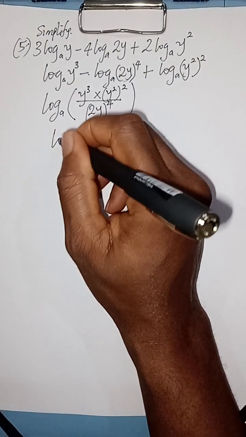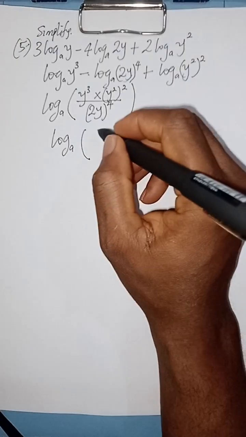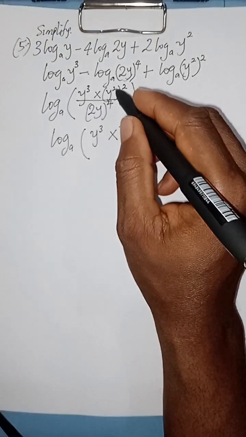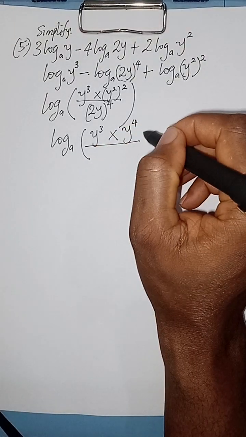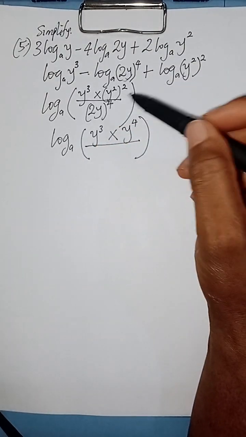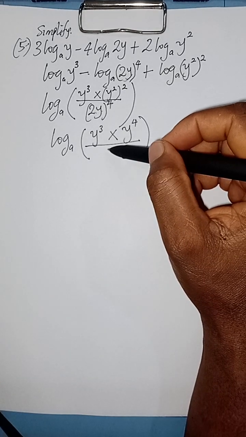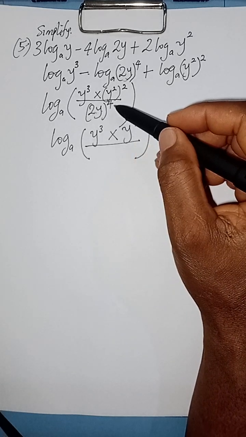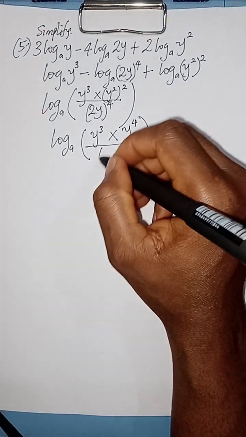Now using one logarithm again, I'm going to have y raised to power 3 times y squared raised to power 2, divide 2y raised to power 4. Now let's be careful of this. 2y raised to power 4 means 2 raised to power 4, y raised to power 4. 2 raised to power 4 is 2 times 2 times 2 times 2, 4 times, and that's 16.